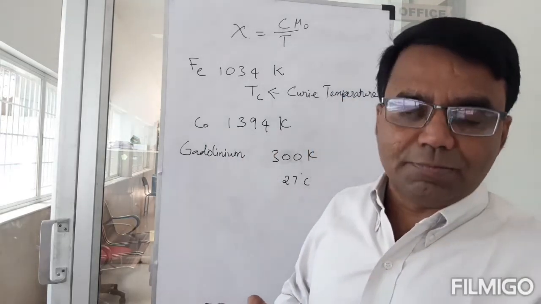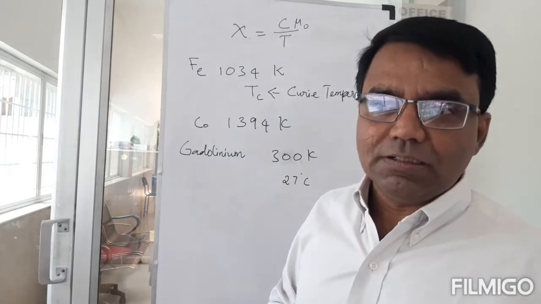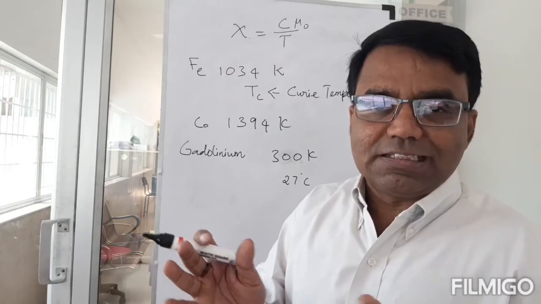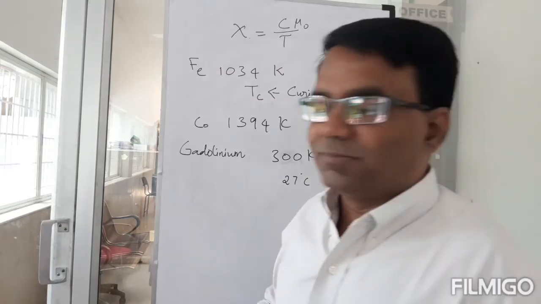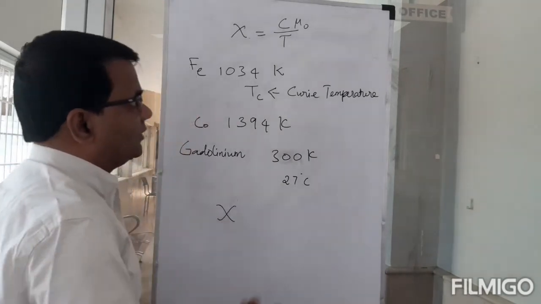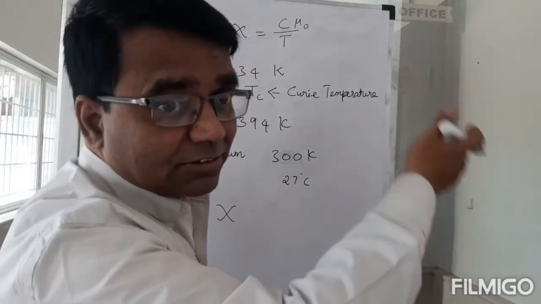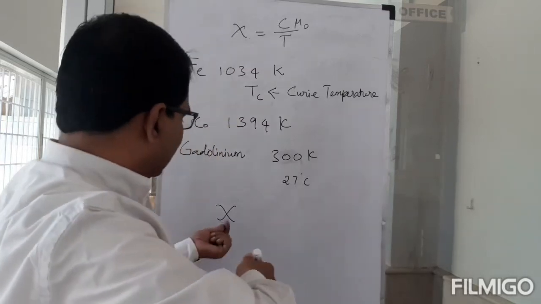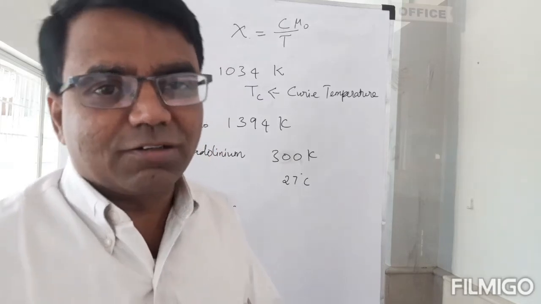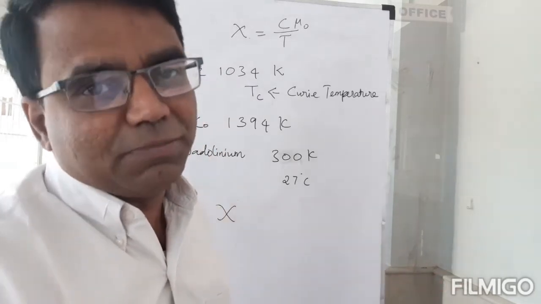And once it becomes a paramagnetic material, then the susceptibility Xi will have a very small value. For ferromagnetic, it will be in hundreds, more than 1,000. But when it becomes paramagnetic, it will be 0.0001, 0.002. It's a very small number.